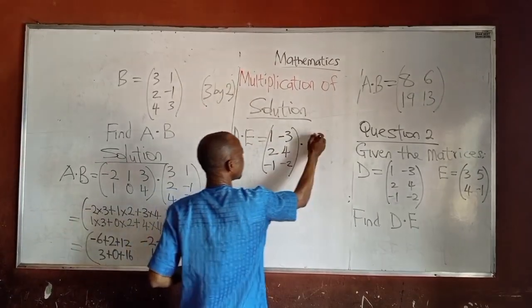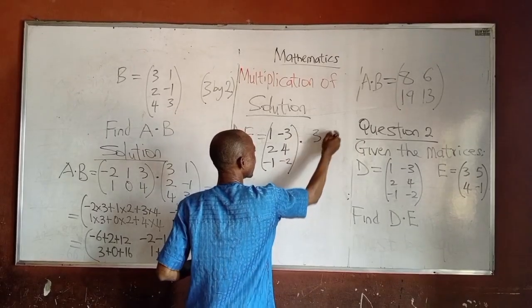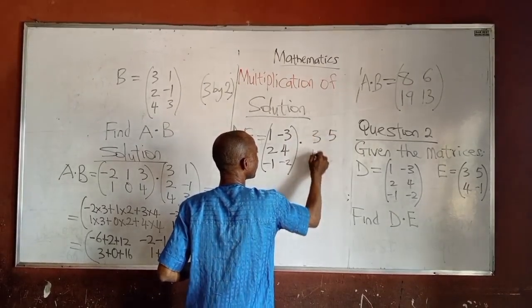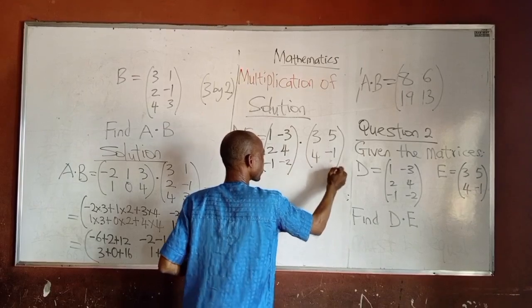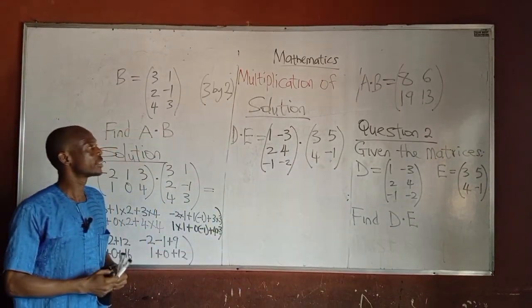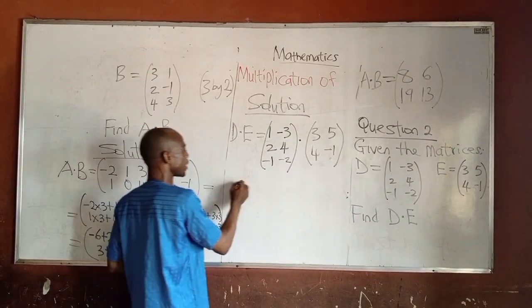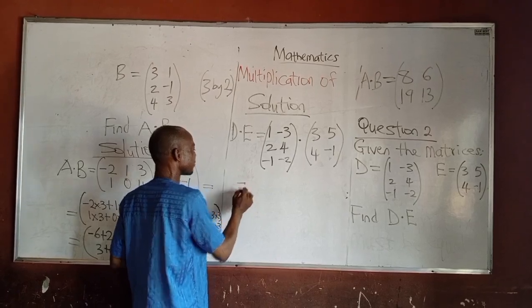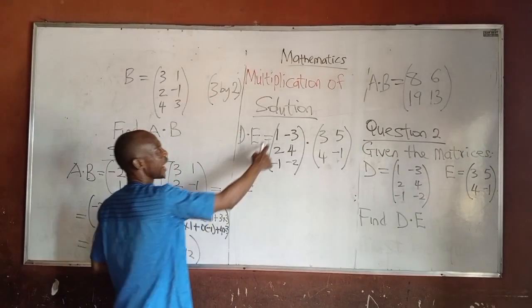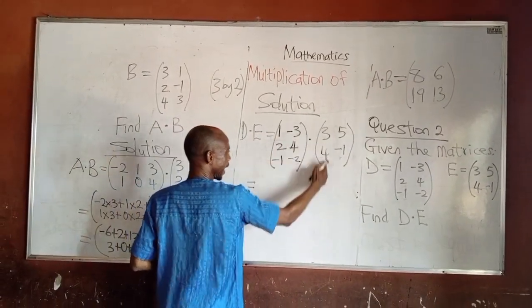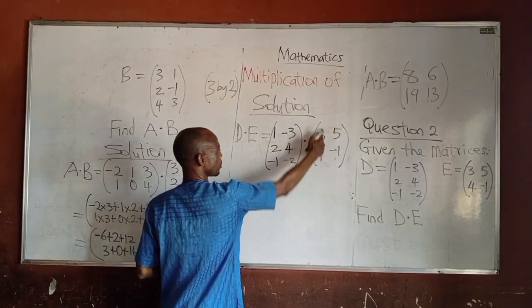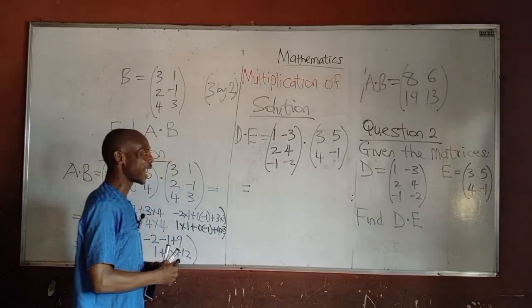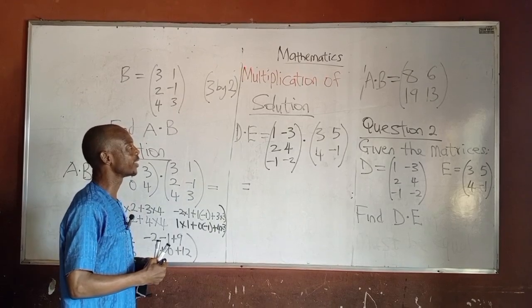And we have 3, 5, 4 minus 1. So this is what we have. So now let's evaluate. We are taking our row to multiply the column. We take our row in the first to multiply the column in the second, and we add them subsequently.